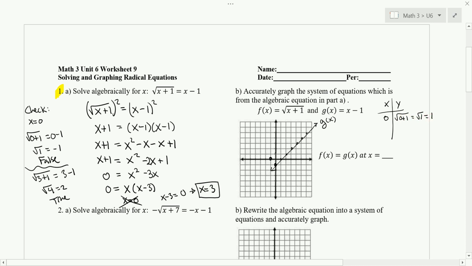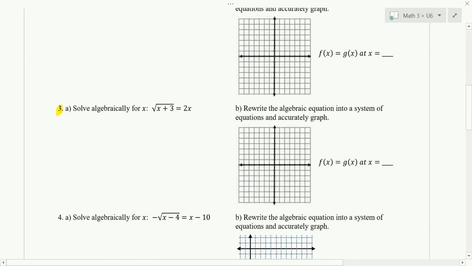So 0, 1. If I plug in a 3, I get the square root of 3 plus 1, which is the square root of 4, which is 2. So go right 1, 2, 3, up 2. And so we see that both graphs are intersecting at the point x equals 3, which is what we found algebraically.